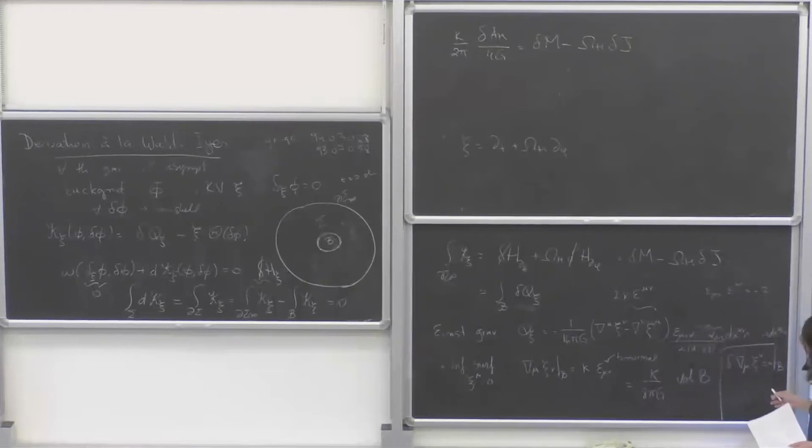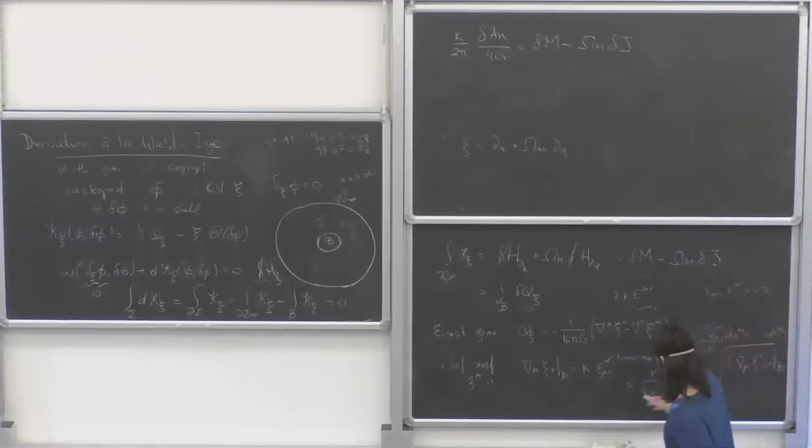And also, there's a part that involves the variation of the Christoffel symbol, but that's dotted into Xi. And since you're on B, Xi is 0, so that's also 0. So then you basically keep on massaging this equation until you convince yourself that this equation is still true. So delta of this guy is equal to delta of this guy.